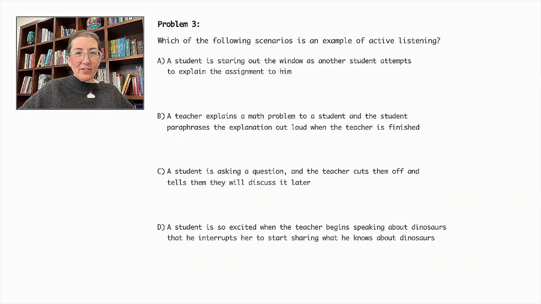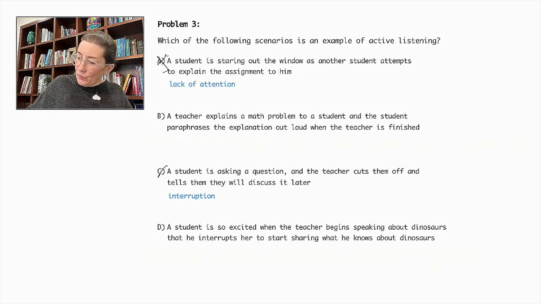A student staring out the window while another student explains the assignment is not an example of active listening, as it shows a lack of attention and engagement. So let's cross that out. Similarly, when a teacher cuts off a student who is asking a question and tells them they will discuss it later, it interrupts and dismisses the student's attempt to communicate.